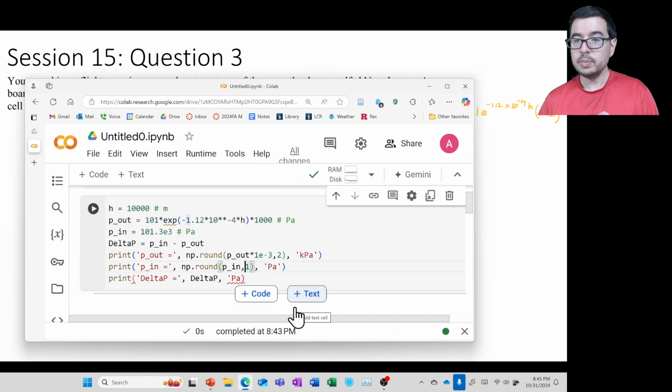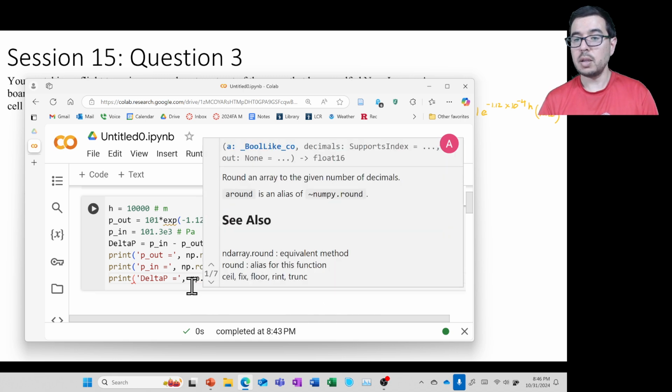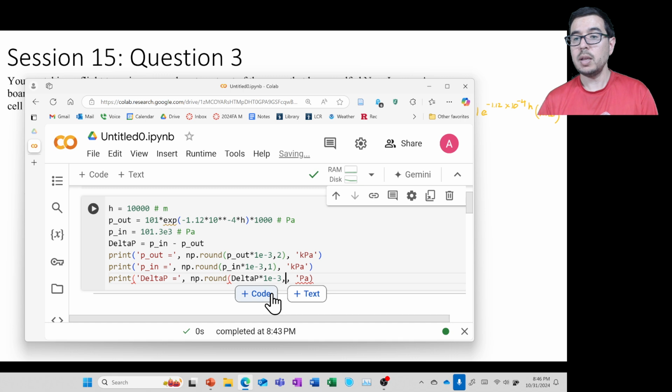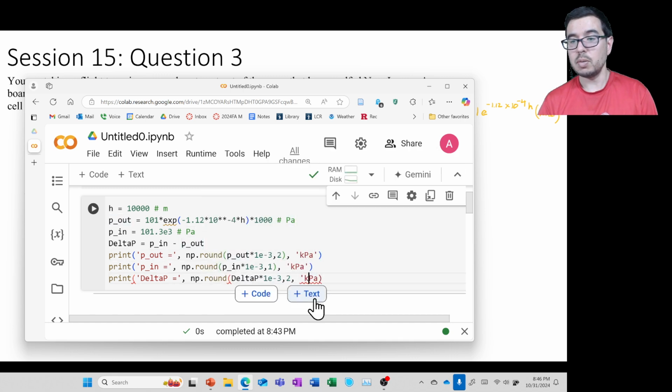We'll do times 1 e to the minus 3, and that will be kilopascals. And then sure, we can get the delta P out of here too. So np.round. I'm having trouble with my period. I don't know why that point is not coming out. But we're going to also multiply by 1 e to the minus 3, to 2 decimal places. And we'll say this is kPa, like that.